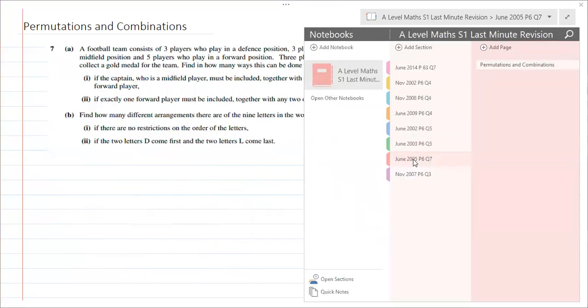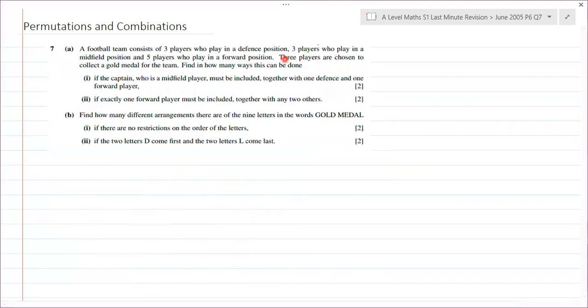Now the next one is June 2005, question number 7.